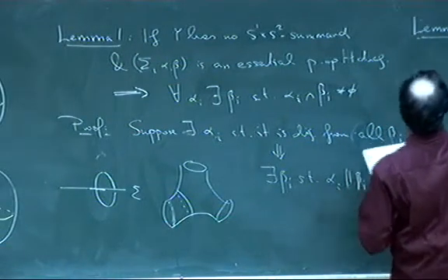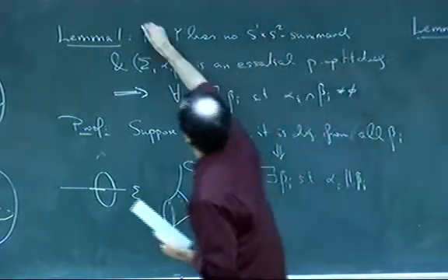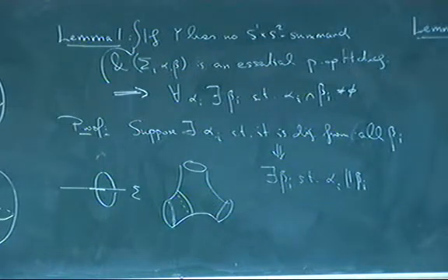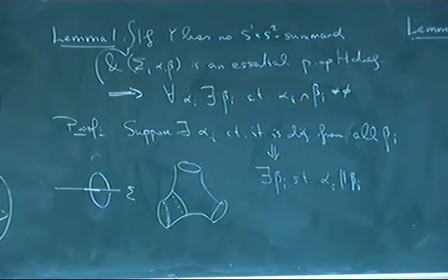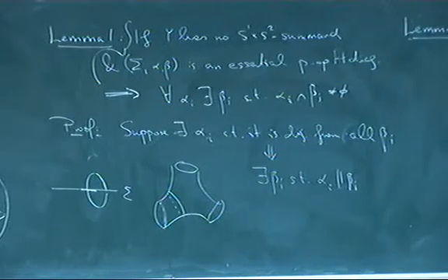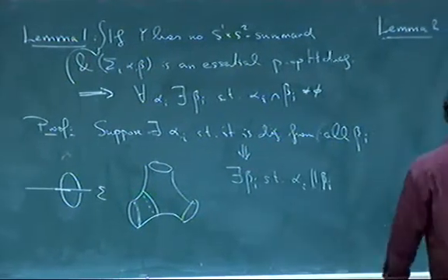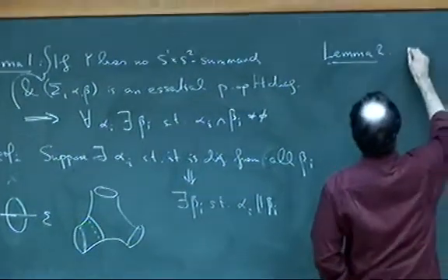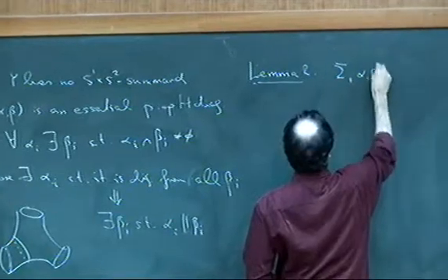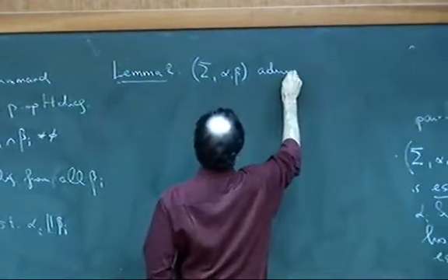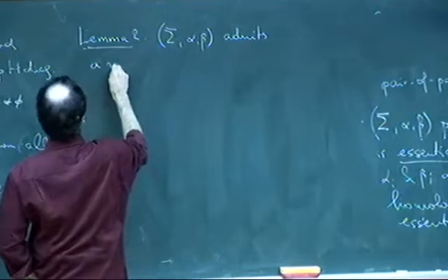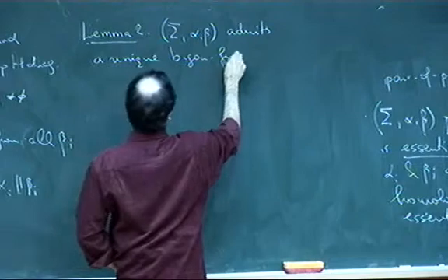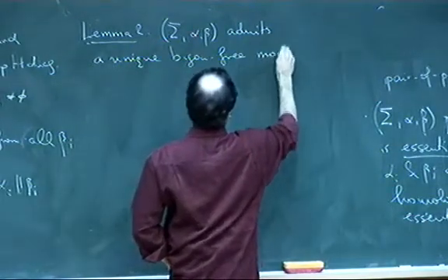Now I will always assume these two properties, that my pair of pants decomposition is an essential pair of pants decomposition, and Y doesn't contain an S1 cross S2, because I always want to use this property. And so the next statement is that (Σ, α, β) admits a unique bigon-free model.